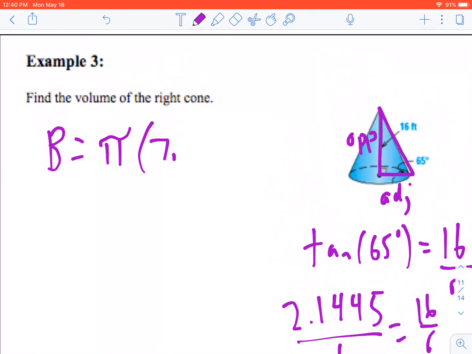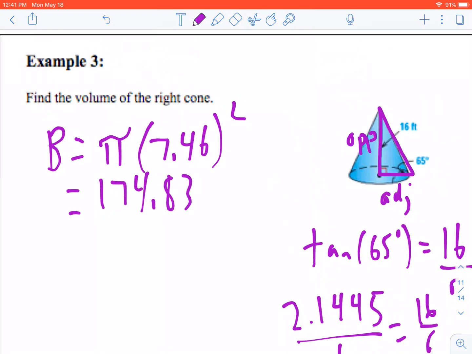Squared. We'll just do it all together. Typing in the calculator, pi times your 7.46 squared. We get the area of your base to be 174.83. Your height, they actually already told you, was 16 feet.